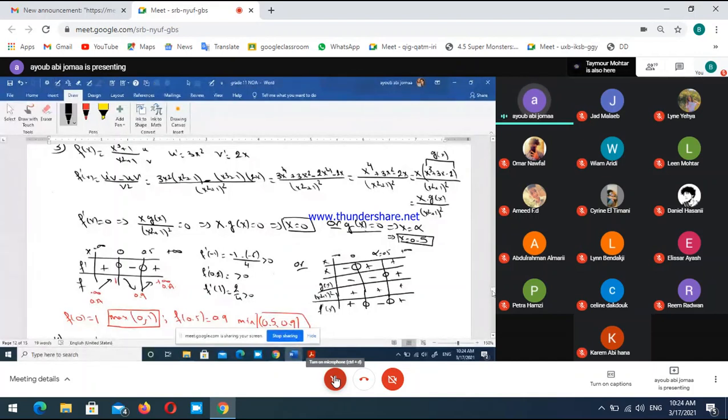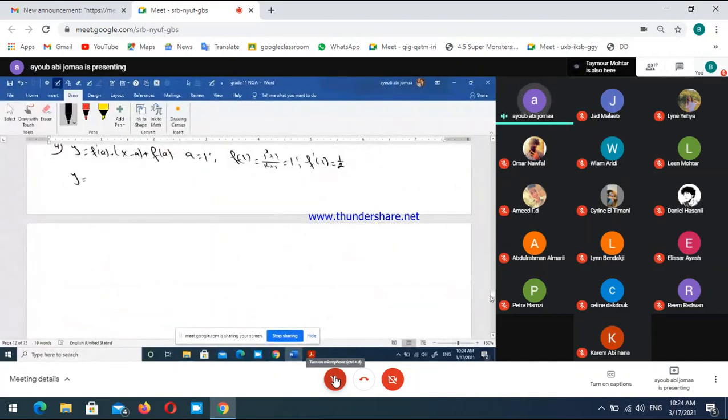Now the equation, y is equal to 1 over 2, x minus 1 plus 1. It means that the straight line T of equation y is equal to 1 over 2x plus 1 over 2. Expand and simplify, you get this. This is the equation of the tangent line at point of abscissa 1.